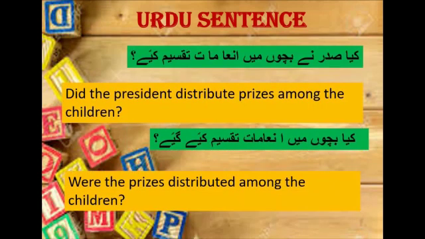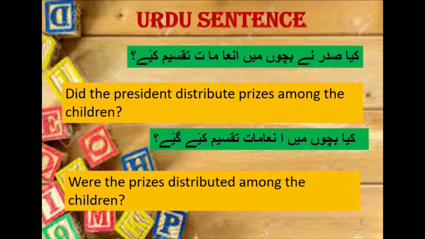Okay. Now we have another example. क्या सदर ने बच्चों में इनामात तकसीम किए? So this is a question, and किए means past tense, and क्या बच्चों में इनामात तकसीम किए गए? So this is passive voice.